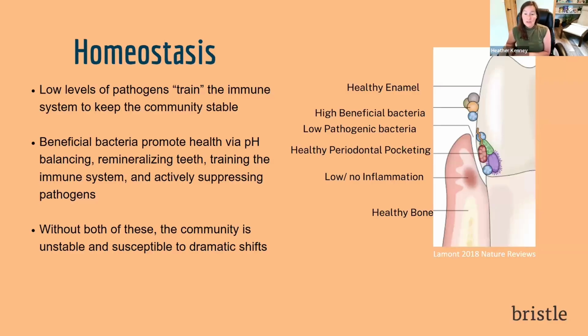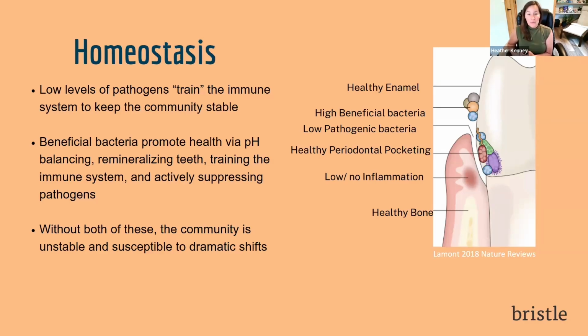When we're talking about the oral microbiome, it's really important to understand the differences between homeostasis and dysbiosis. In homeostasis, you're going to have low levels of pathogens that help to train your immune system and keep the community stable. Believe it or not, you're always going to have pathogens. We can't kill 99% of germs; we are bacterial beings.